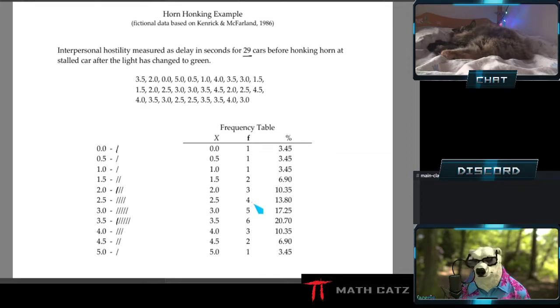and I get my frequencies again. Now, it's not necessary to include a relative frequency as well as a percentage. You could. It's not necessary because the percentage is the relative frequency, just in percentage form. So it doesn't really matter.